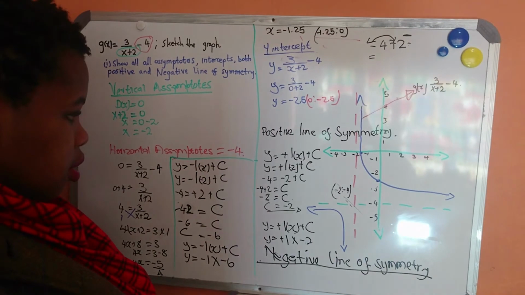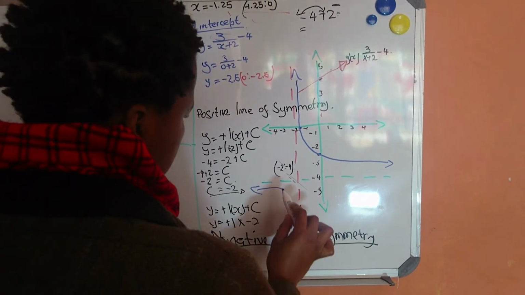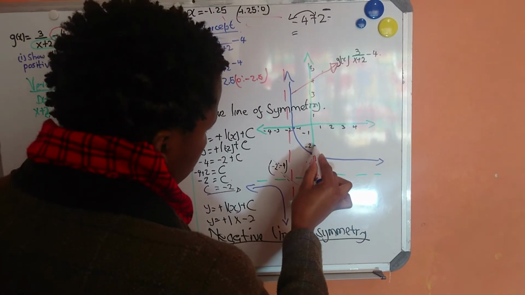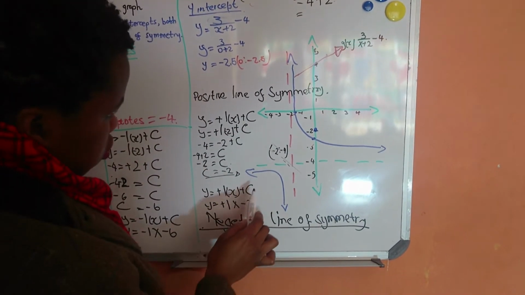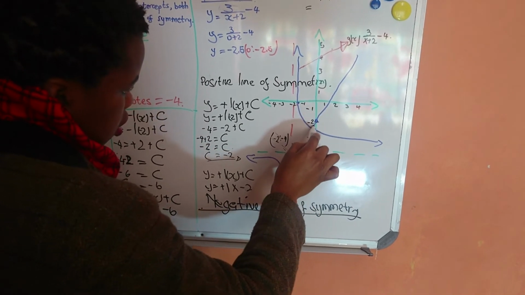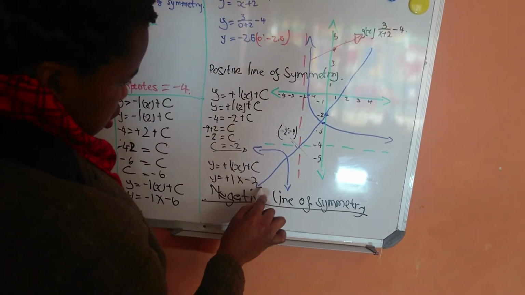Okay, let's now represent those graphs into a graph. So negative. Okay, let's start with positive.